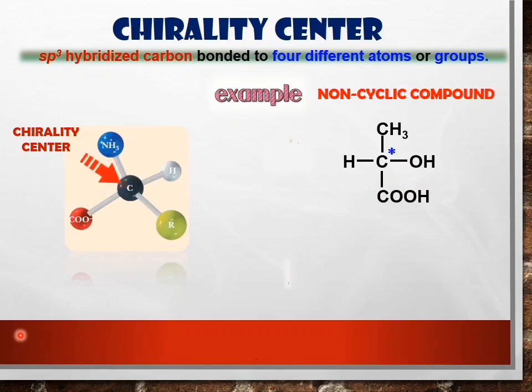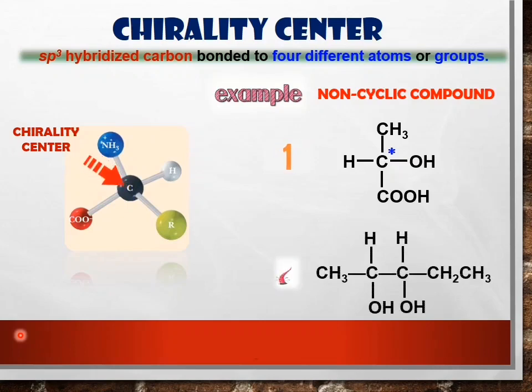Another example here. In this example, how many chiral carbons are here? Look here, class. Actually here we have 2 chiral carbons. Why? Try to find, class. Okay, so the first chiral carbon here is this carbon. Why?